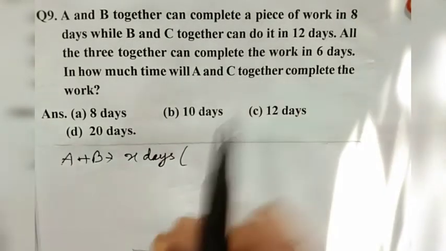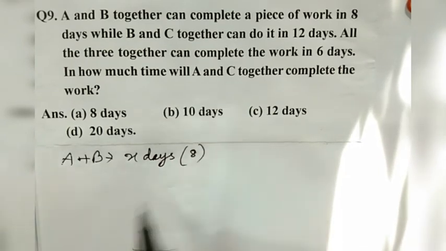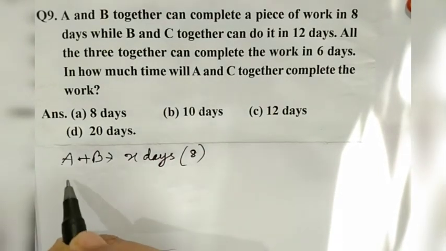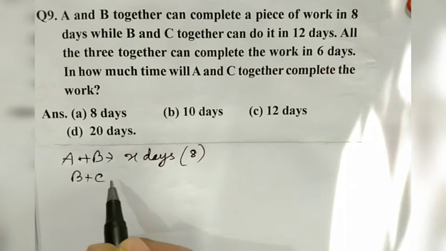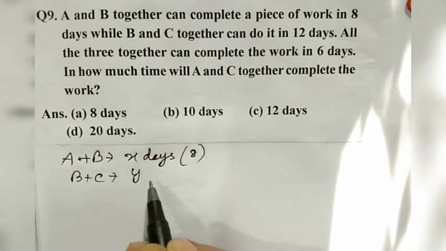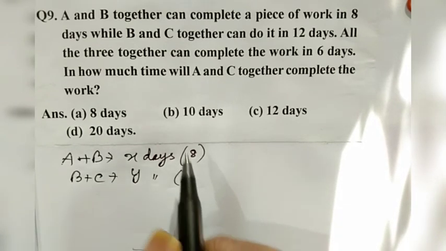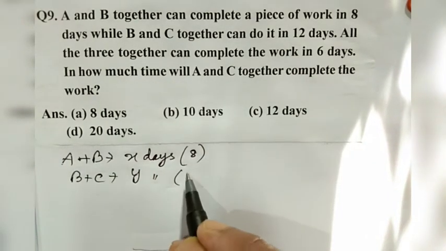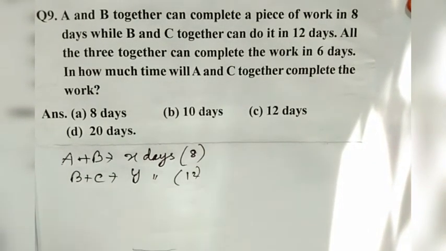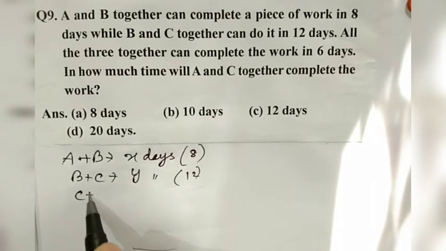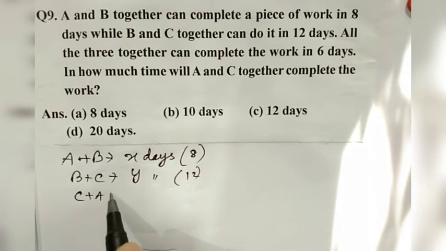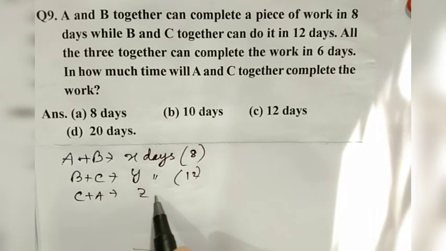Here x means 8 days. B and C in y days, here y equals 12, and C and A equal to z days.